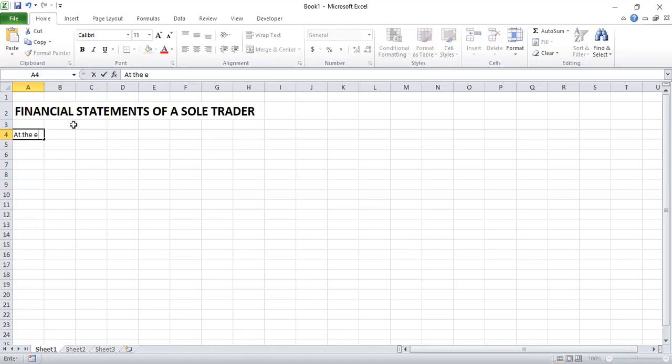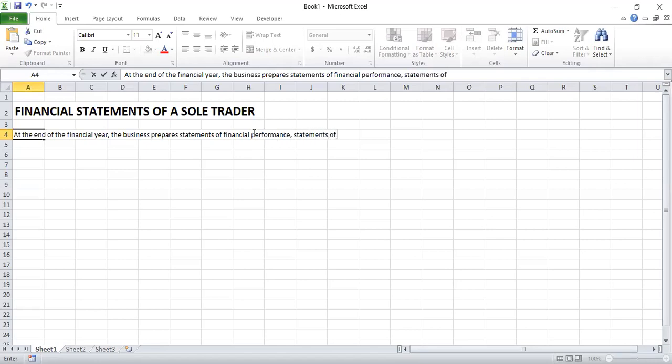So at the end of the financial year, the business prepares statements of financial performance, statements of financial position, and statement of cash flows.